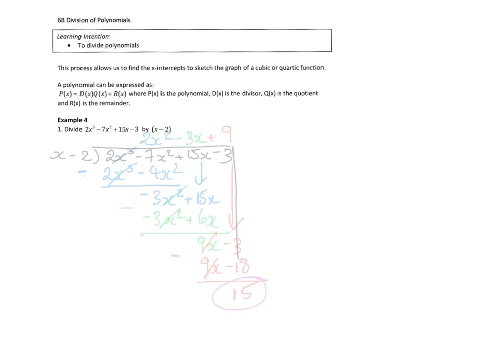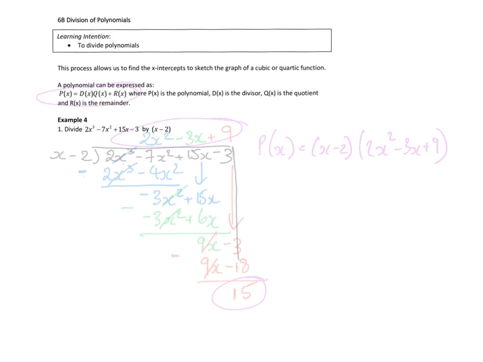Well, they want us to write it in this format here. P of x is equal to, now d of x is what you're dividing by, which was x minus 2. Q of x is the quotient. That's what you end up with, which is 2x squared minus 3x plus 9.